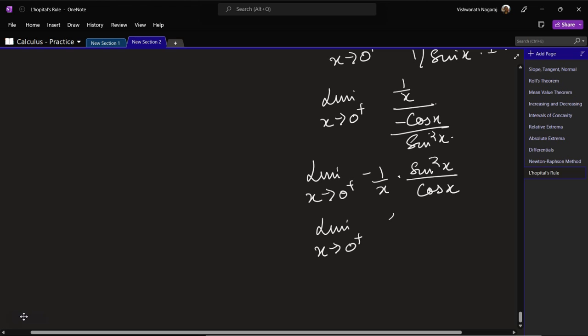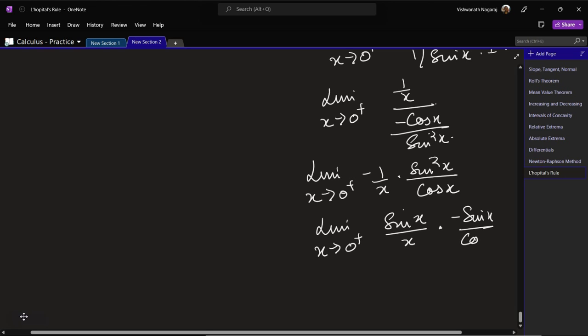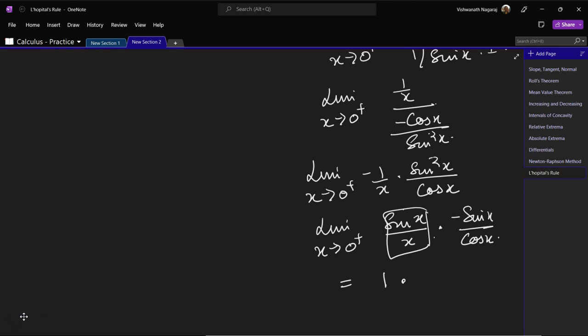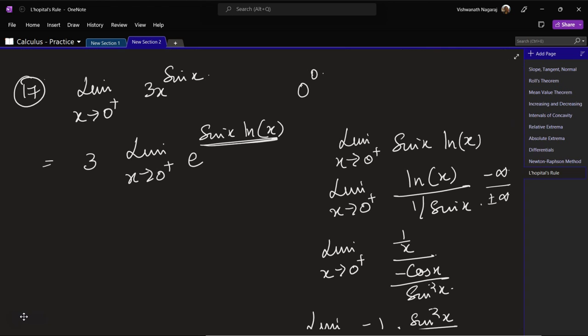One of the sine x will bring it here above x times minus sine x by cos x. So this, if we take the limit, is 1. And this is going to be 0 by 1. That is 0, which is equal to 0. So that means this will become 3 times e to the power of 0, which is equal to 3 times 1, which is 3. That is the limit.